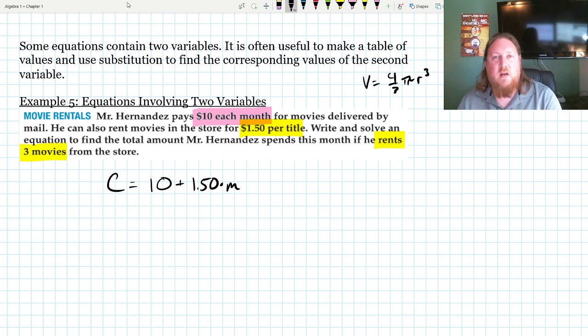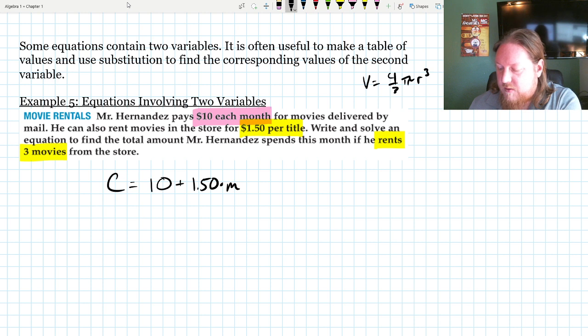It's going to change based on how many times he goes. If he just goes 3 times, that M is going to become a 3. If he goes 10 times, it's going to be 10. So that's the variable that's changing. It all depends on the scenario that we're given. So the total cost is $10 per month plus $1.50 for each movie he rents.